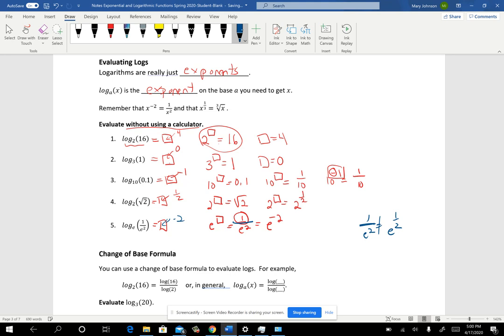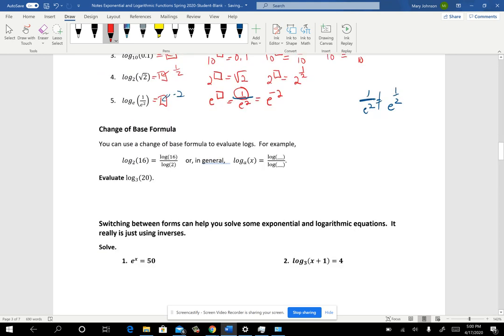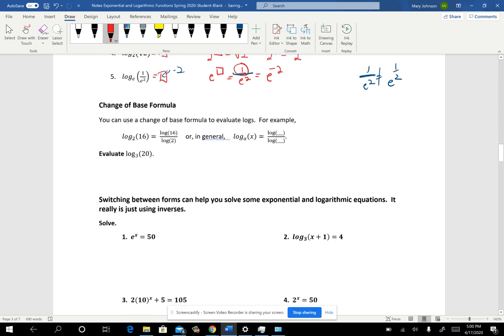Okay. All right. Now, some calculators can handle logs of various bases, but most of them cannot, and you are expected to know how to do it without a calculator, how to do logs other than base 10 or base e without a calculator. So sometimes there might come a time where you have to evaluate something like log base 3 of 20.